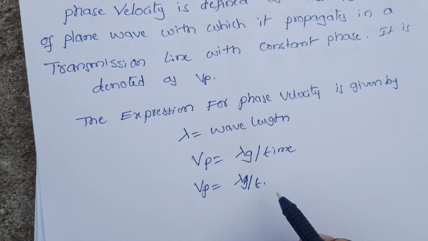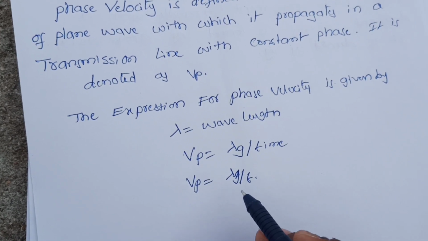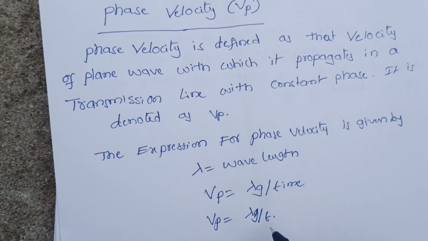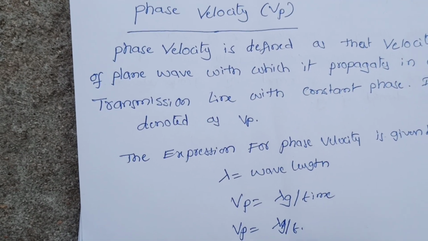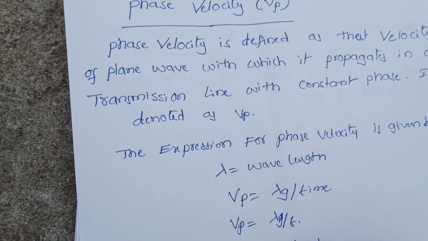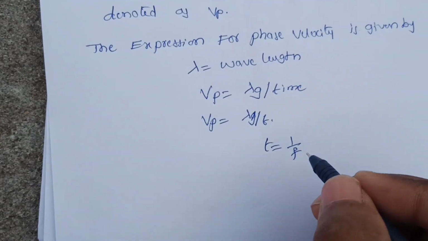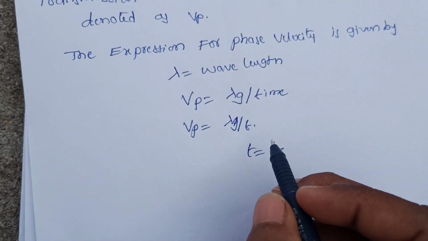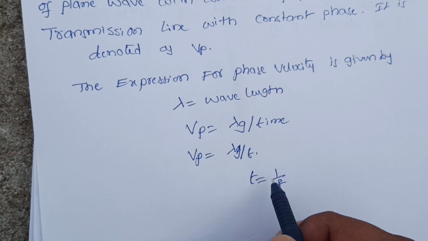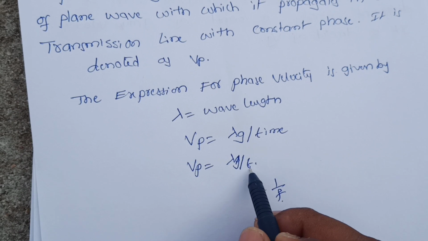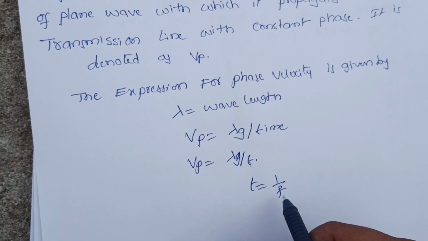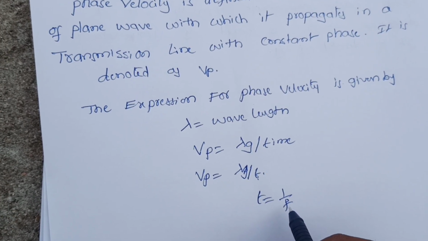So vp is equal to lambda g by t. Here t is equal to 1 by f. Time period is inversely proportional to the frequency. So that's why in the place of t we have to substitute 1 by f.